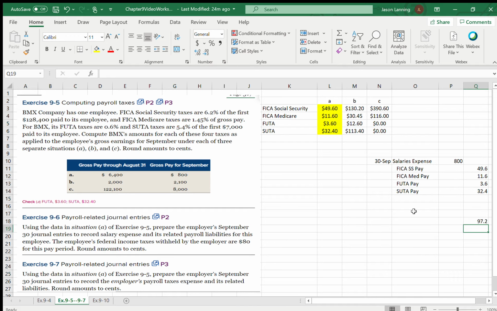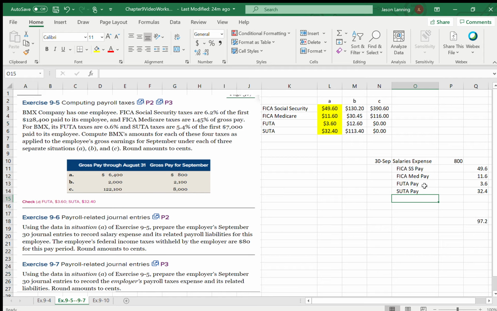We get 97.20. So essentially what we're looking at here is these are all payable for these. And then we also have to look at the employer's side of this, which we'll get to next.